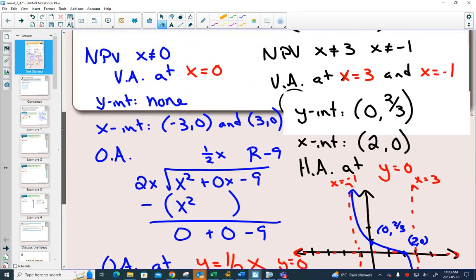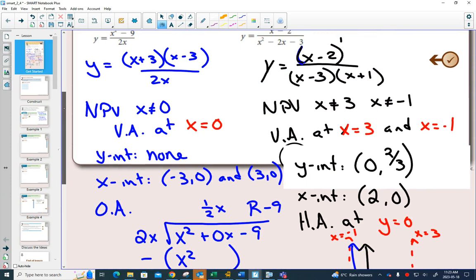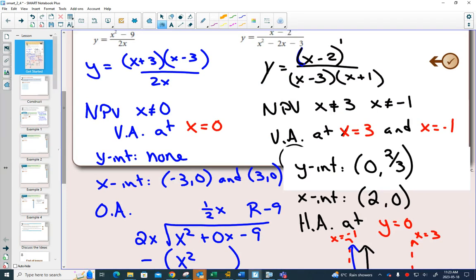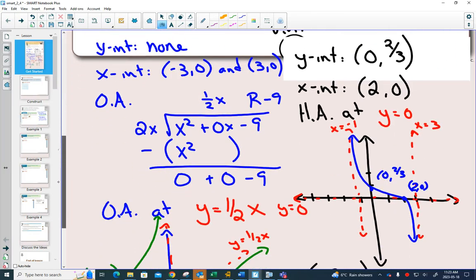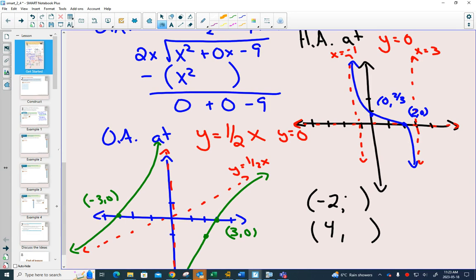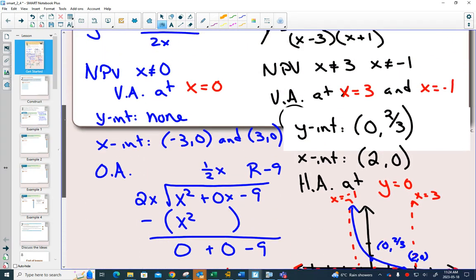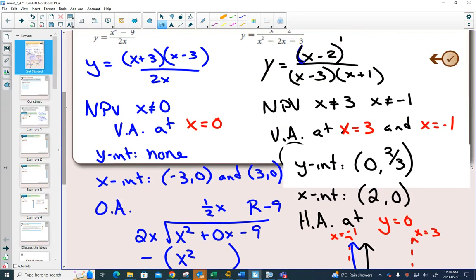So I go back to my equation. If I plug in -2, the top will be -4, -5, and -1, -4/5. If I plug in 4, I'm going to get 2 on the top and 5 on the bottom.